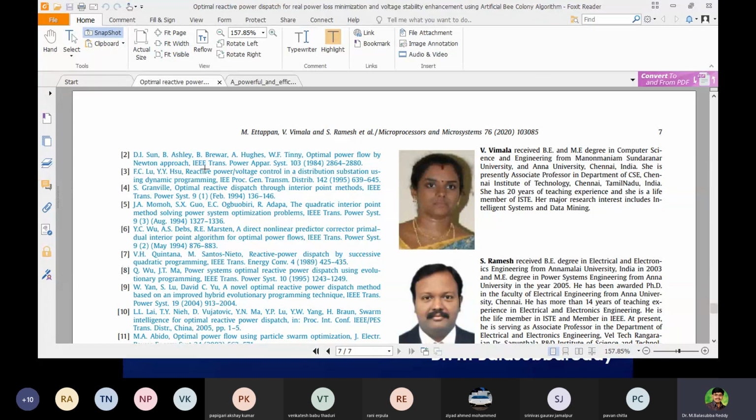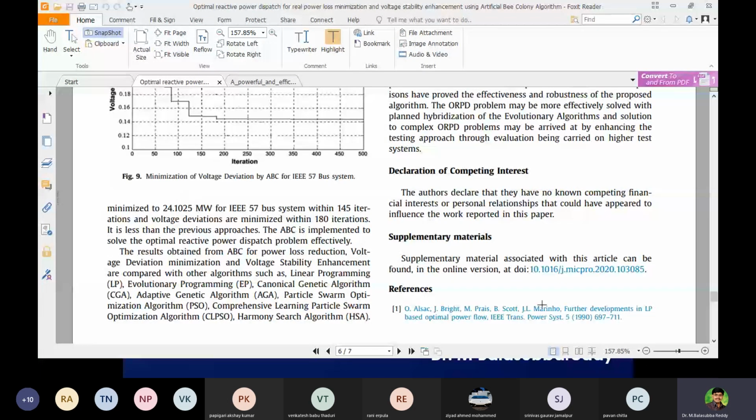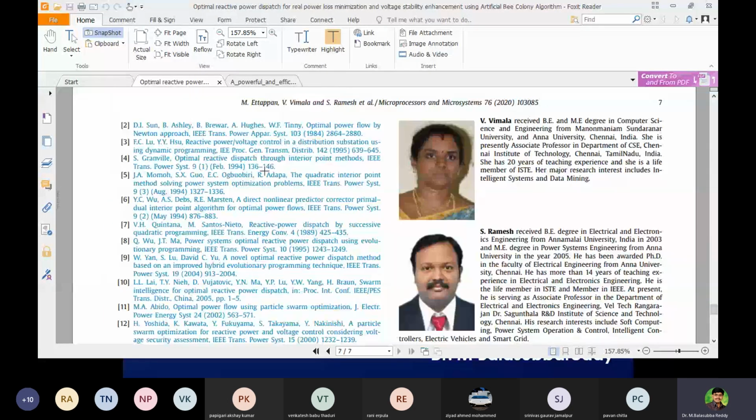These are the conventional methods, so they give the numbering here. This one is also the linear programming based optimal power flow. Newton approach method, and then reactive volt-VAR control dispatch. Many of the literature they referred to, and they implemented their own proposed work. So this indicates within brackets 1, 2, 3, and so on.